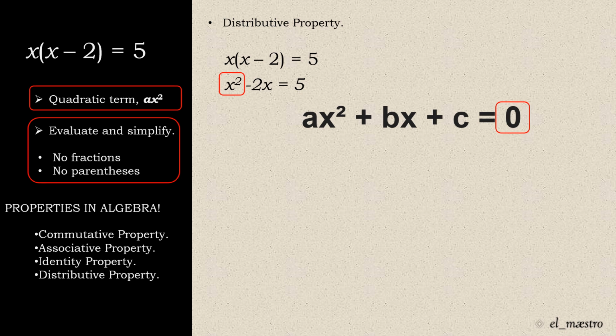So wala pa siya nakasulat into its standard form. So the next thing you have to do is you do additive inverse or subtraction property of equality, or you can use transposition. Okay? In this video, I will use transposition in writing quadratic equation sa standard form.